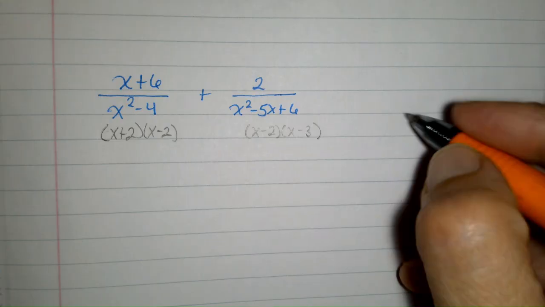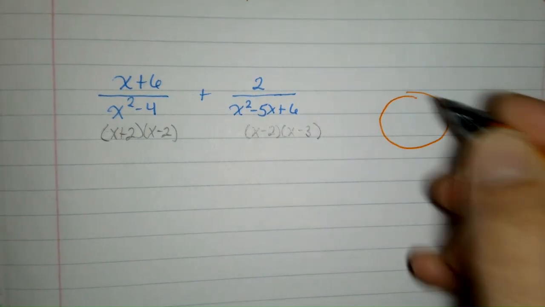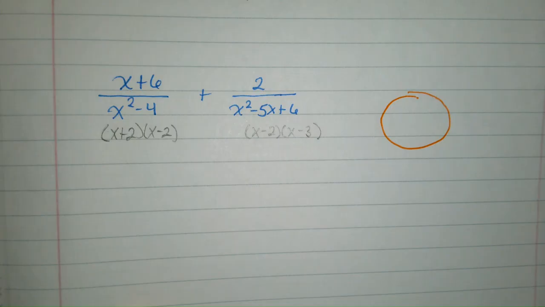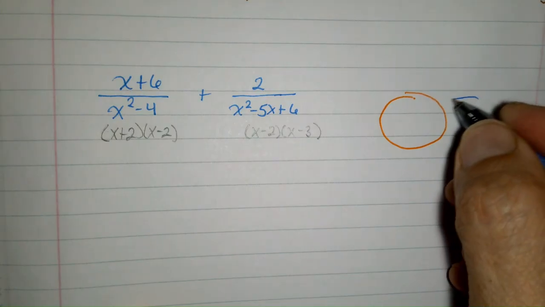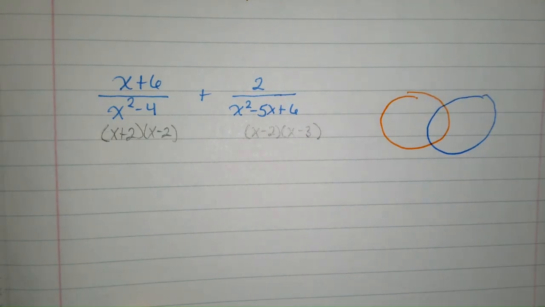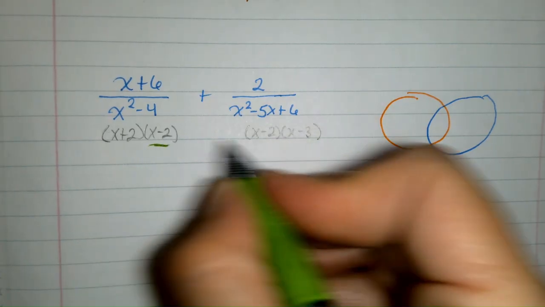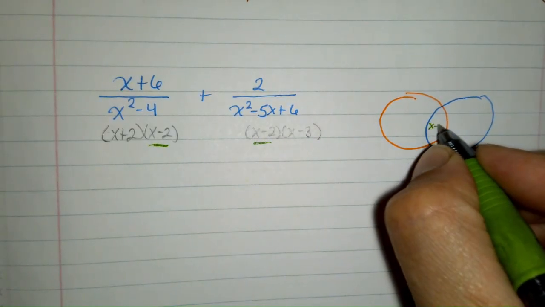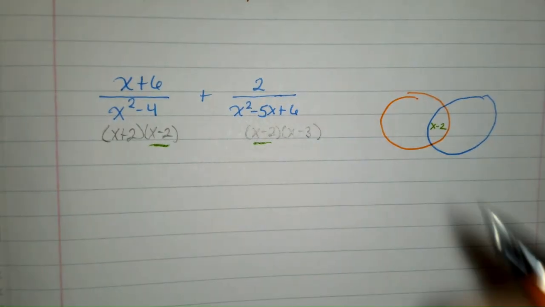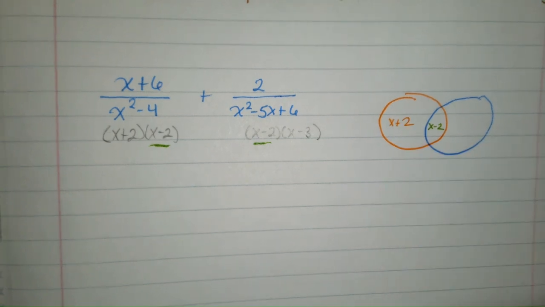Some of you might already be seeing it. They have this x minus 2 in common. The orange circle also has an x plus 2.